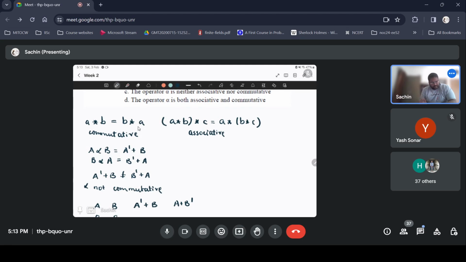That's just a general way, but for this function, let's do A star B star C. This is A alpha B alpha C. What this means is, first you do A alpha B, so you get A prime plus B. Then you consider this as one variable, say x, and you do x alpha C. That will give you x prime plus C, which is what?